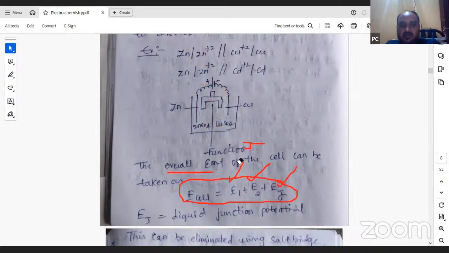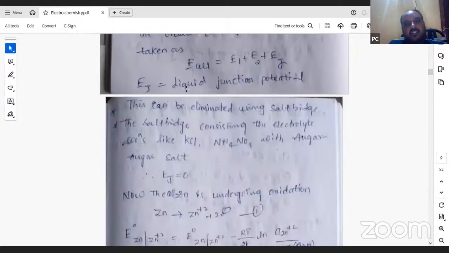Are you understanding? Yes, right. So the liquid junction potential can be eliminated using a salt bridge. The salt bridge is prepared with electrolyte solutions like KCl and ammonium nitrate with agar-agar salt. Therefore, EJ will be 0.